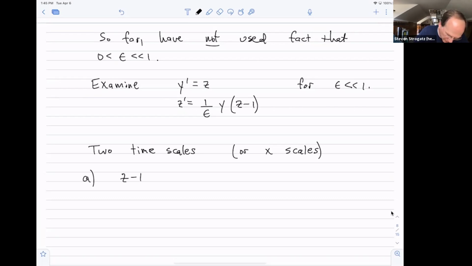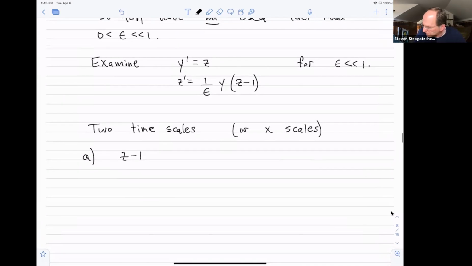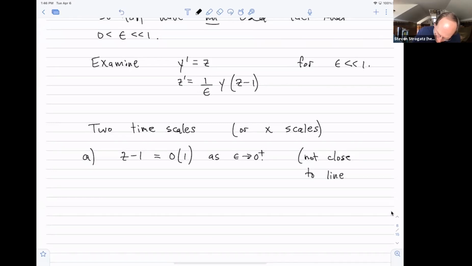Suppose z minus 1 is order 1, and we're thinking of epsilon still being small. So like imagine z is 2 or 3 or 1.5 or whatever, 0.5. So we're not too close to that invariant line, is what I'm saying. So we're not close to that line z equals 1.